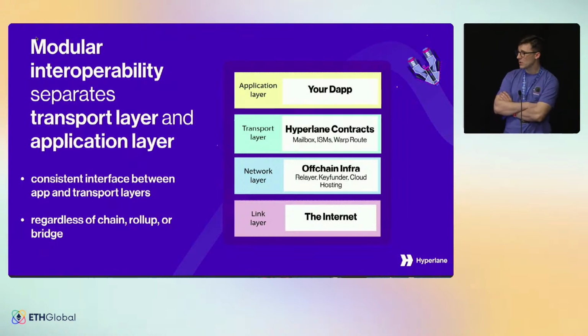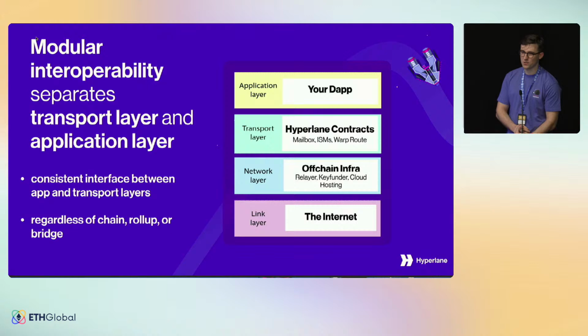So all you have to do is integrate with the Hyperlane smart contracts, and then that abstracts away. Again, if you're talking to an EVM, like to your rollup, and you talk to the layer 2, maybe use the canonical bridge. If you're talking to a Cosmos chain, maybe it's a multi-sig, but that's all abstracted away from you at the dApp layer. And then below the transport layer, there's a bunch of off-chain infra where there's a relayer that's running.